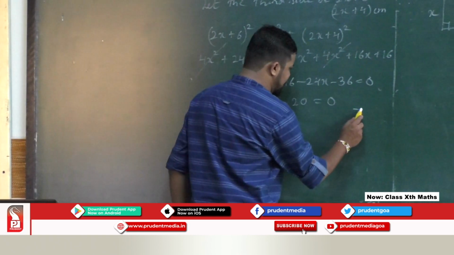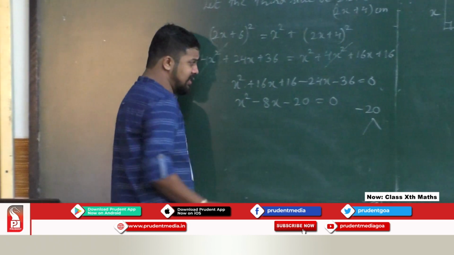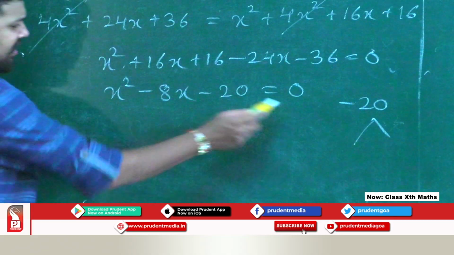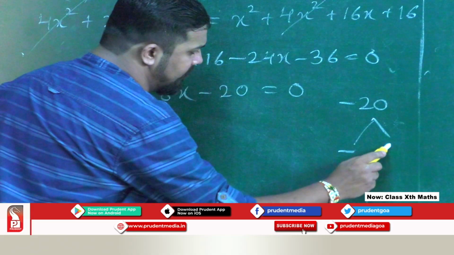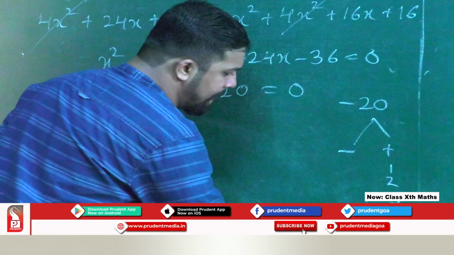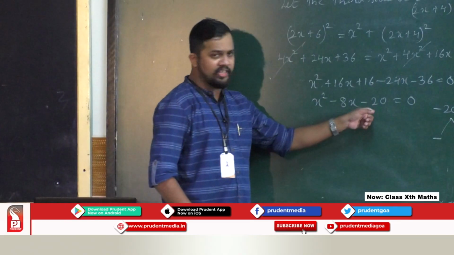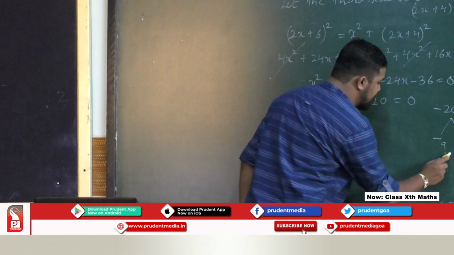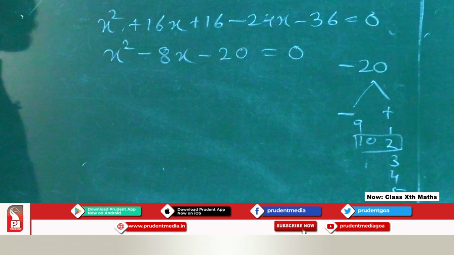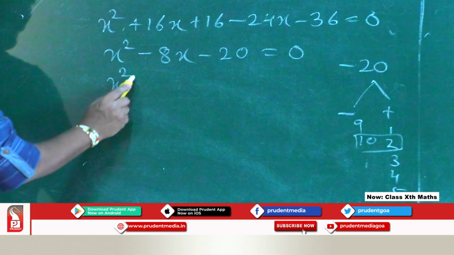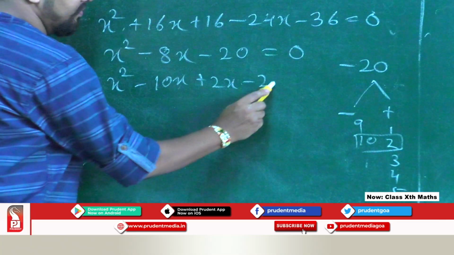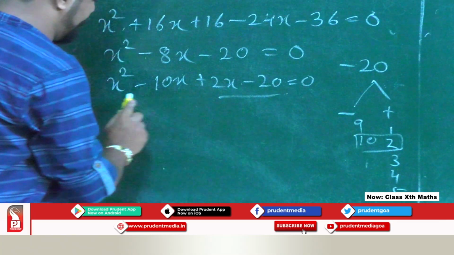Use your factorization. When numbers are simple, go for factorization, it becomes faster. So minus 20, minus plus. If the last term is negative, the numbers differ, 9, 10. See, here only we got it directly. 10 2s are 20. So x square minus 10x plus 2x minus 20.